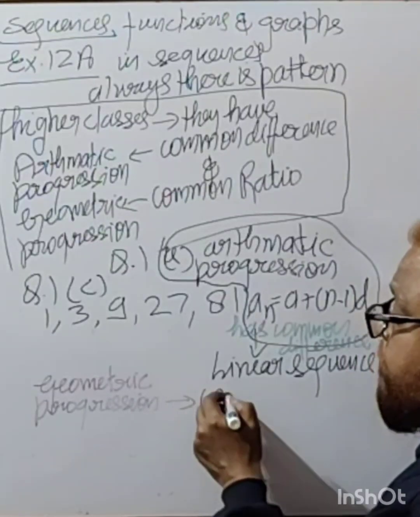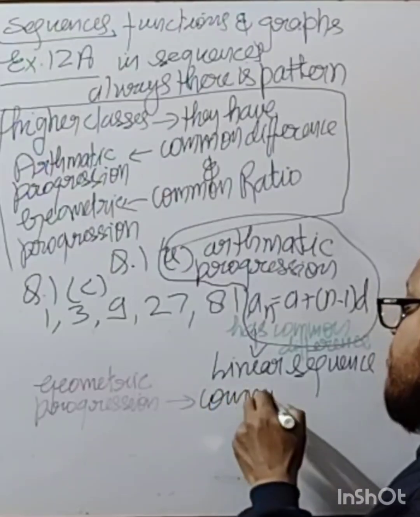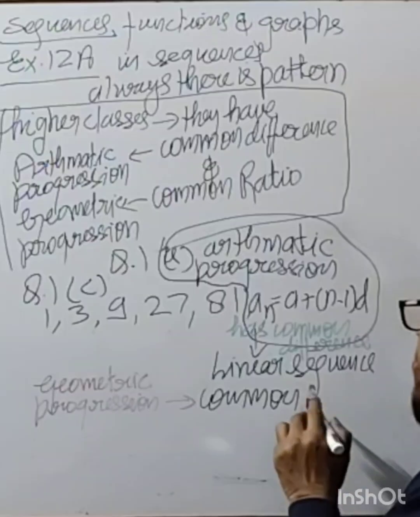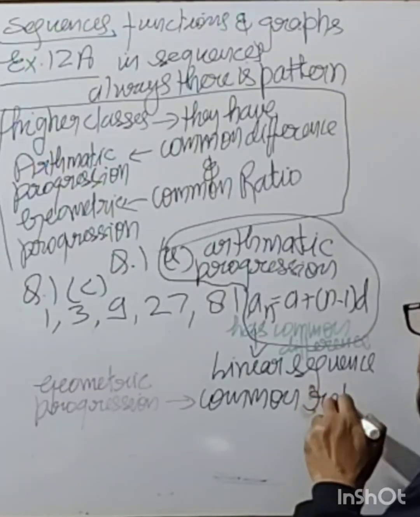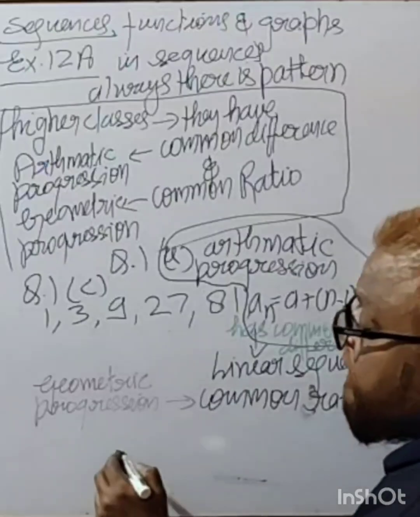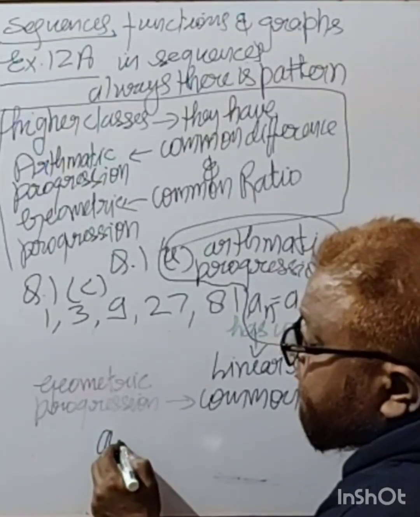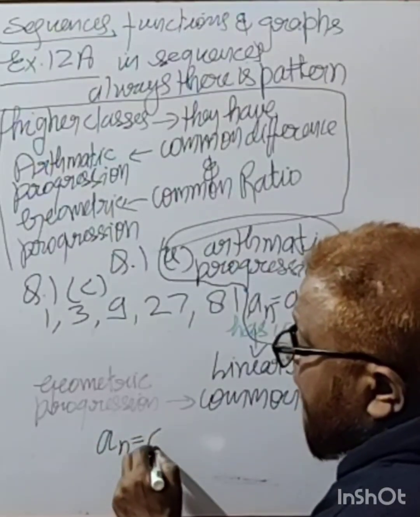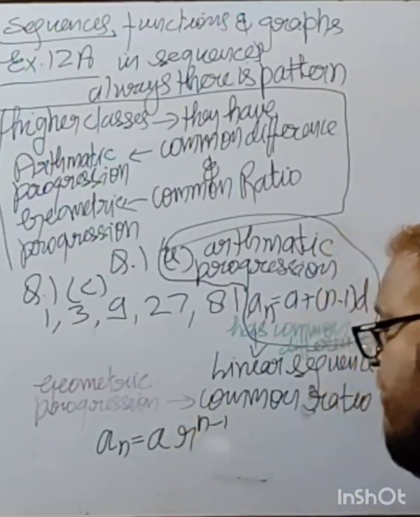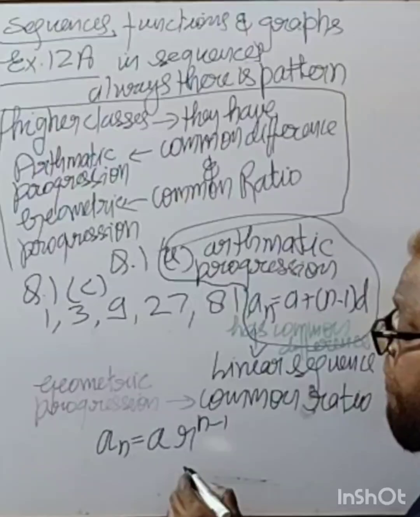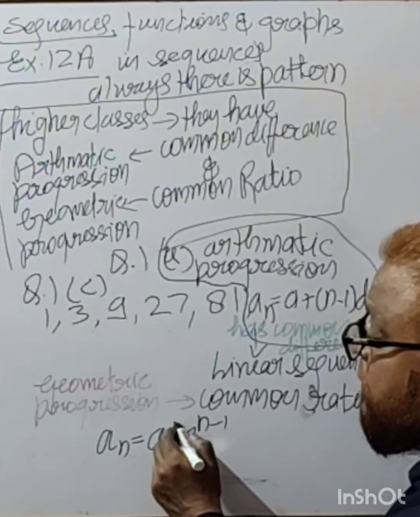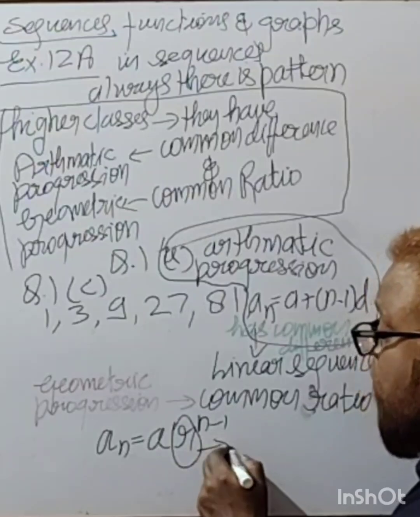Here a nth is equal to a r to the power n minus 1, where r is the common ratio.